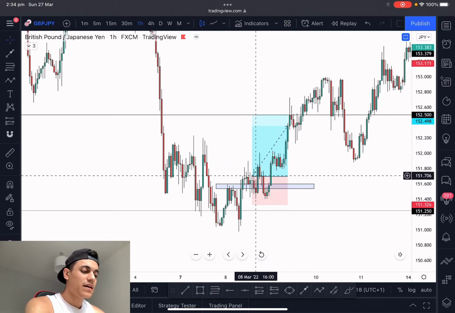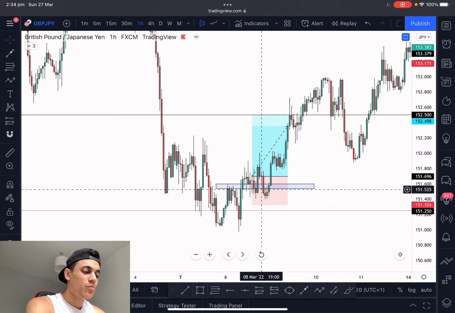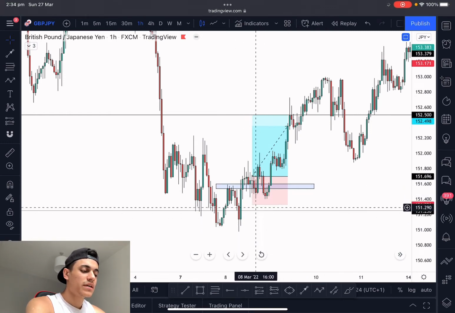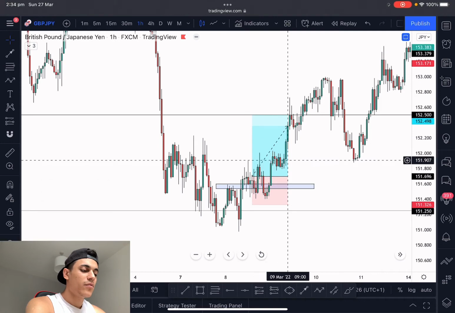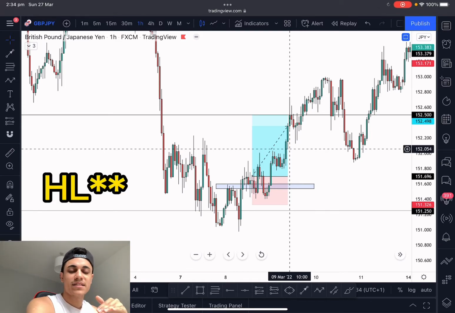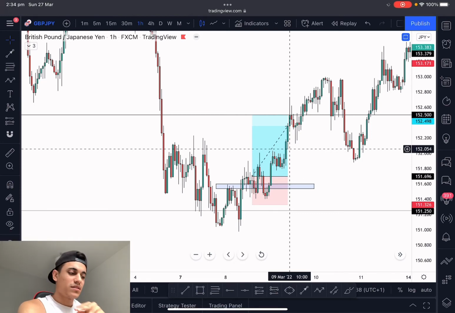I entered here, I was in a bit of a drawdown, but no big deal, because for as long as the market maintained the higher lows, I was good. If you're trying to buy, just make sure the higher lows are being maintained, because if the market breaks a higher low, it means it's bearish market structure now, not buys.